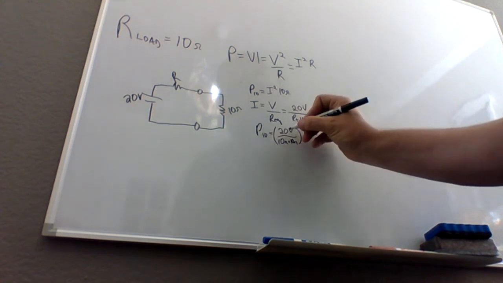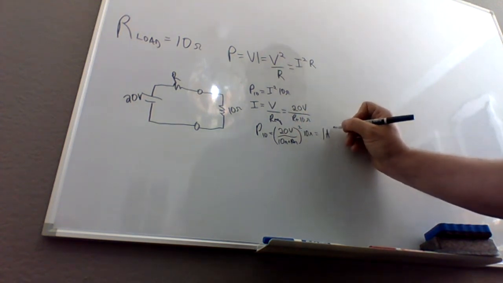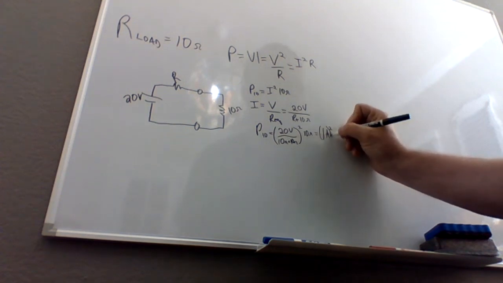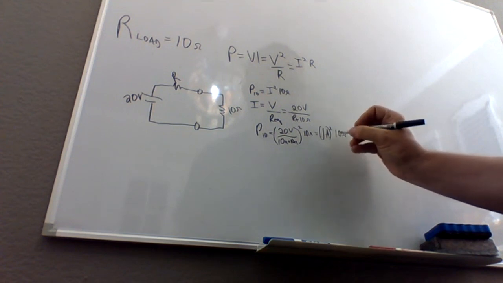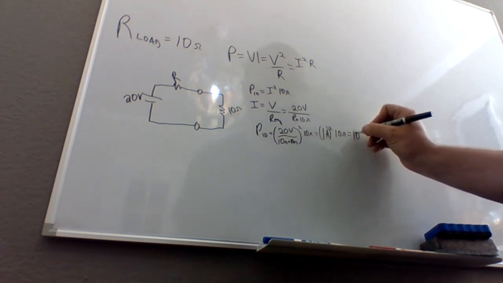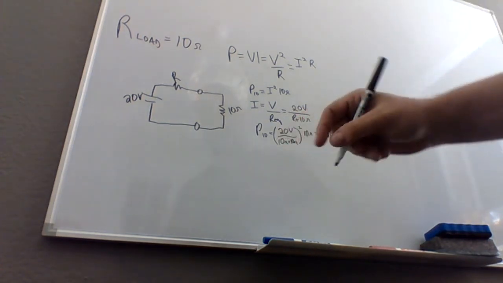That becomes 20 over 20, which is 1 amp, squared, times 10 ohms. It comes out to 10 watts. That's for the maximum.